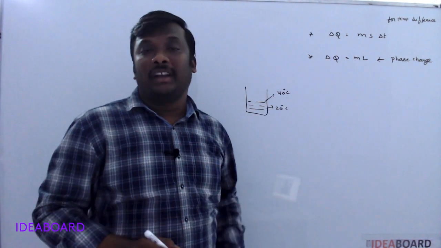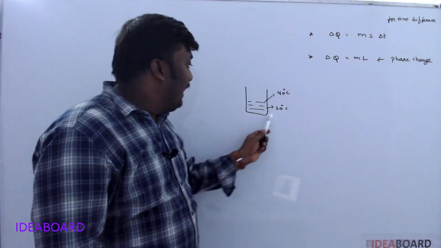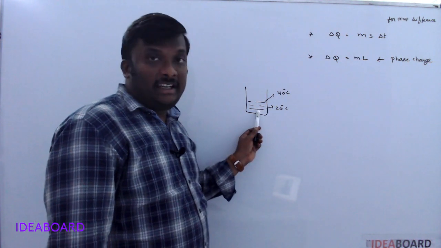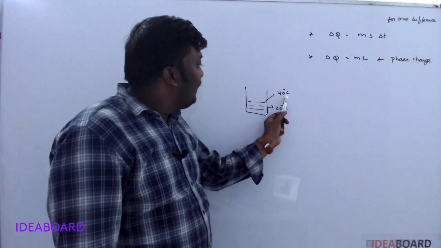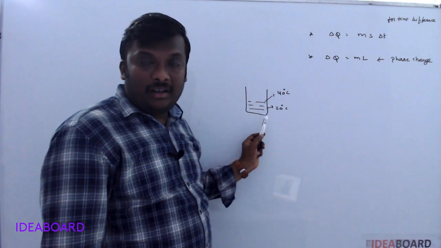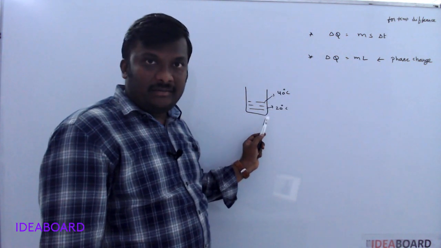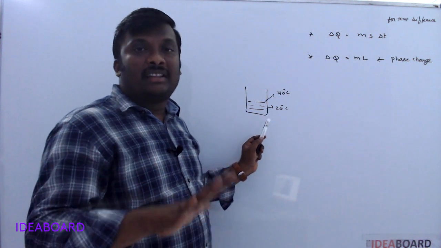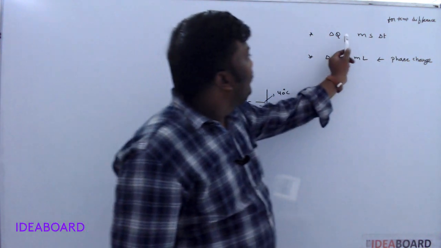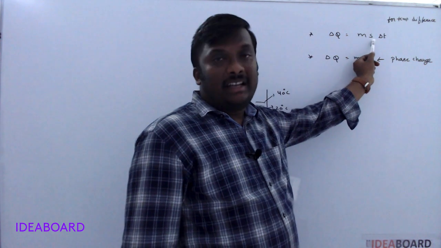How much heat do you supply? At 20 degrees Celsius the state is water, and at 40 degrees Celsius the state is water. Does the state change? No. Whenever there is no change in state, use the formula ms delta T.